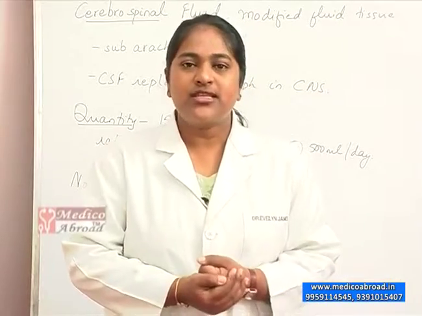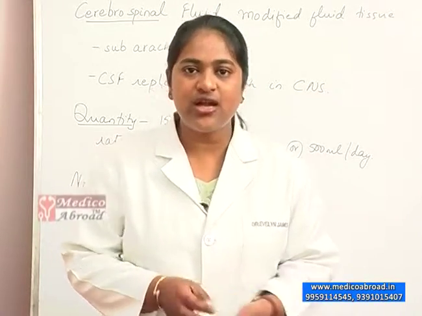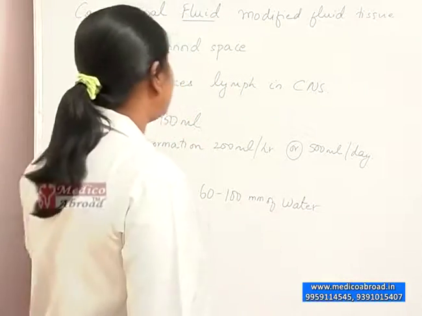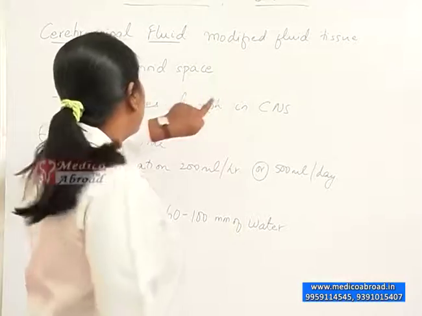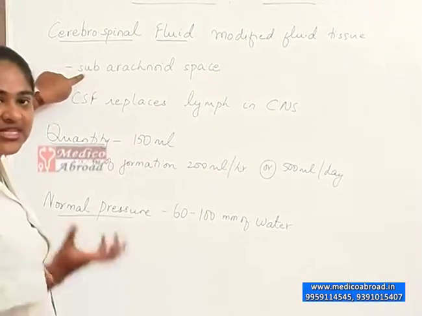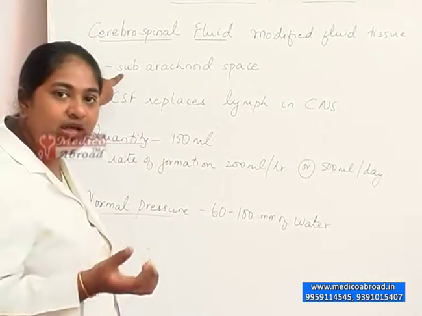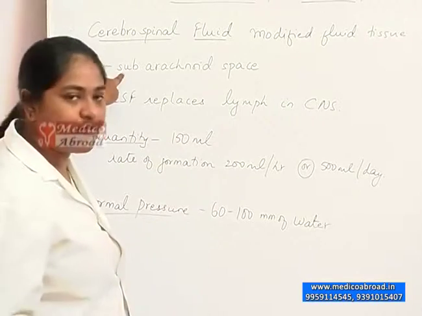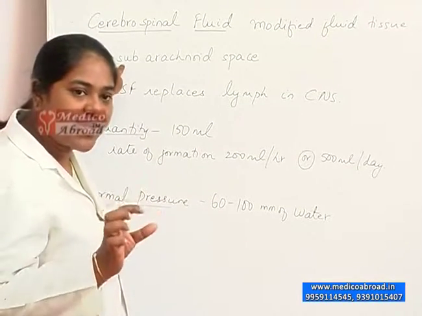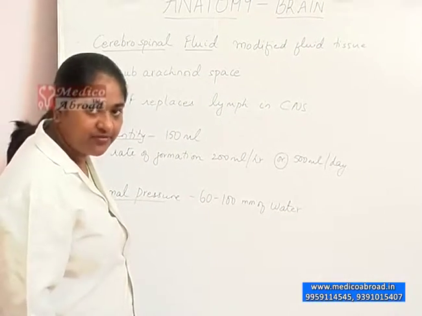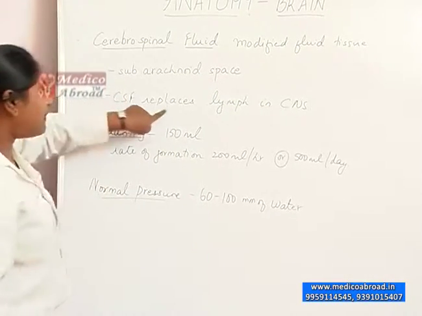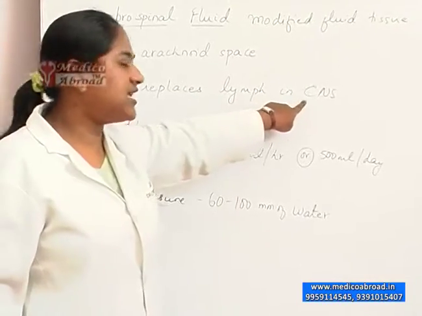Now this cerebrospinal fluid is actually a modified fluid tissue, and it is contained in the ventricular system and in the subarachnoid space. The subarachnoid space is where you will find the flow of the CSF. It replaces lymph in the CNS.